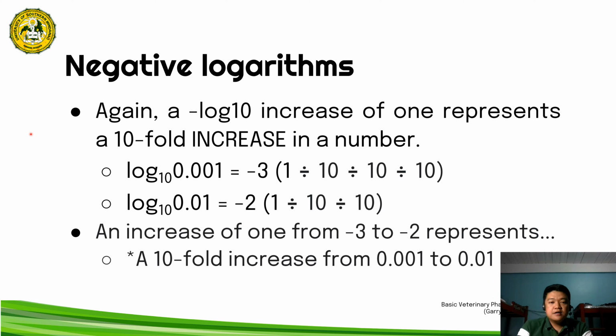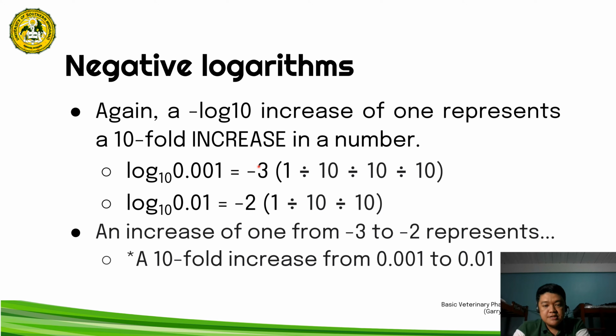So again, a negative log base 10 increase of 1 represents a tenfold increase in a number. For example, log base 10 of 0.001 is equal to negative 3, meaning that we have to divide 1 by 10 three times in order to get 0.001. We also have log base 10 of 0.01 is equal to negative 2, meaning that we need to divide 1 by 10 two times in order to get 0.01.